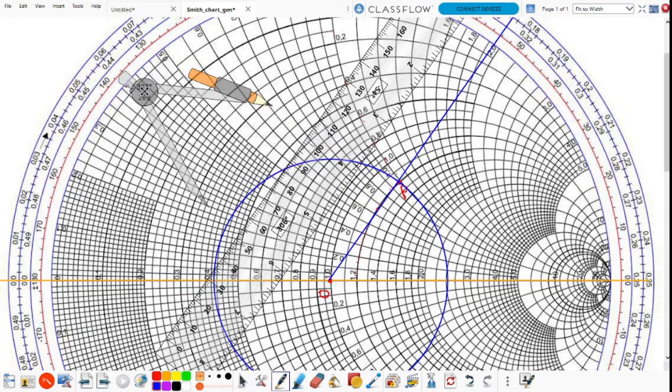And this is the VSWR circle. This is the voltage standing wave ratio circle, or constant S circle.